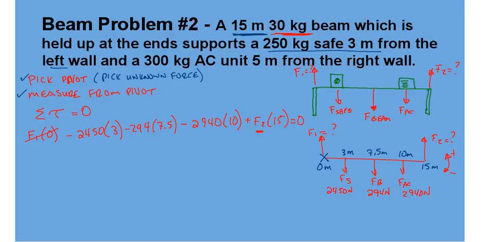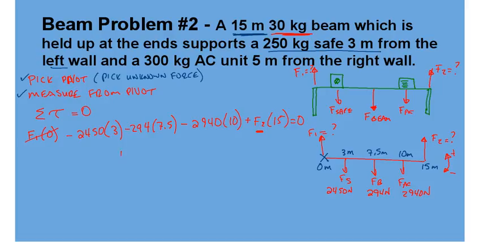We want to solve this for F2. So I'm going to move all that mess and go ahead and put it on the other side. 2,450 times 3 plus 294 times 7.5 plus 2,940 times 10.